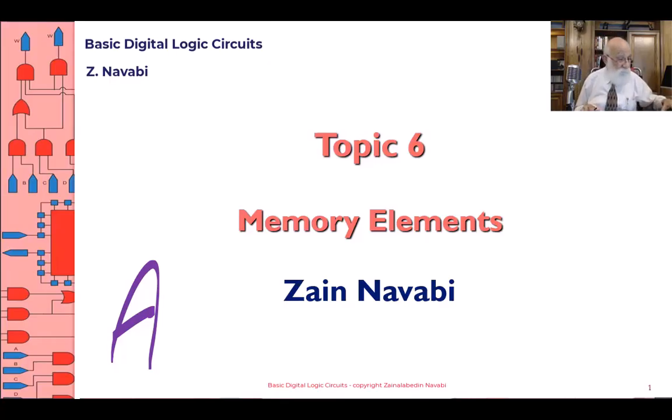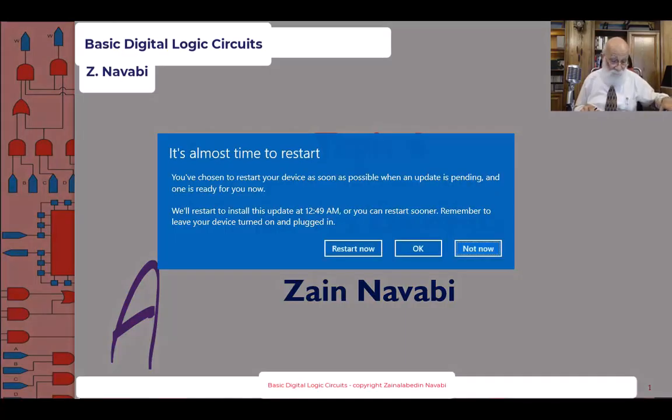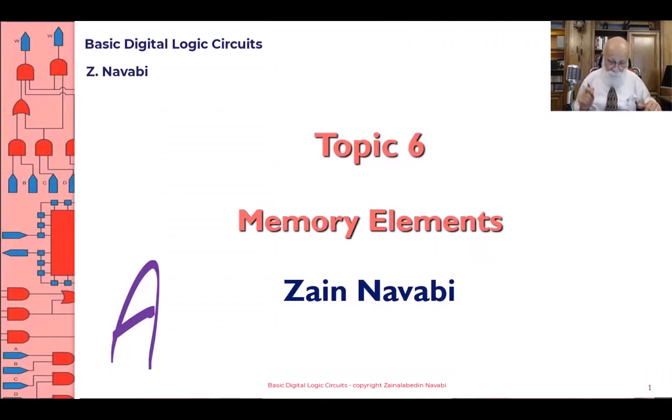Okay, what we'll be doing now is talk about memory elements. We are not going to be talking about a big circuit with a lot of memory and so on. Instead, we'll be talking about a simple little circuit that does remember something. This is my first goal.